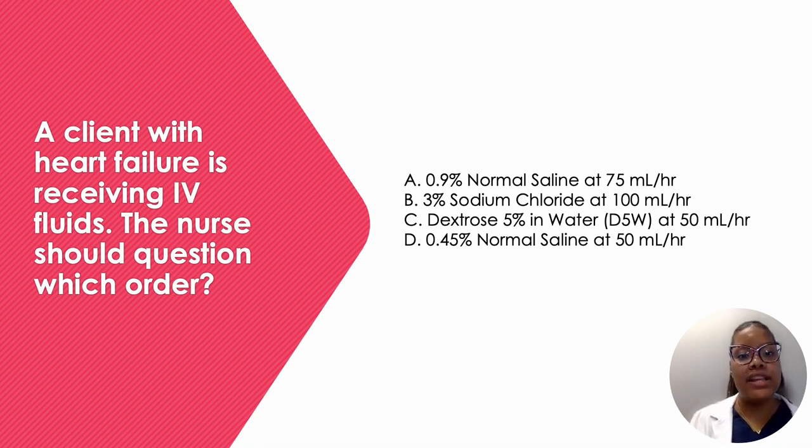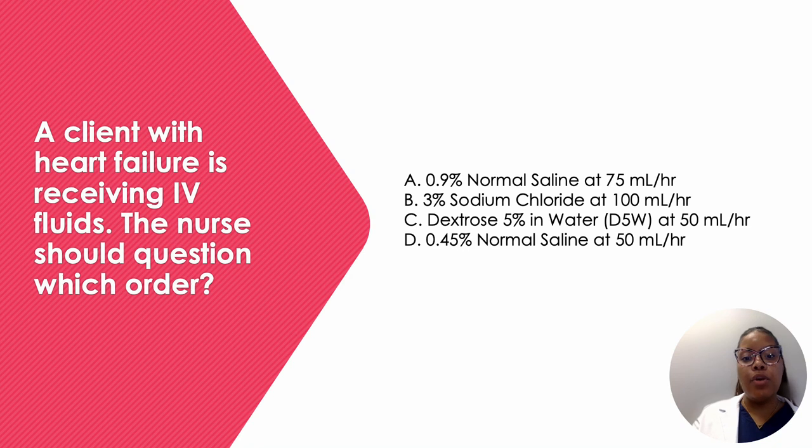And then the half normal saline is a hypotonic solution that causes shifts in the cells, and being that it was only going at 50 mLs per hour, that is generally safe, but you should still carefully monitor them. So the rule of thumb is that anytime a patient with heart failure is receiving IV fluids, you want to make sure they are being monitored.